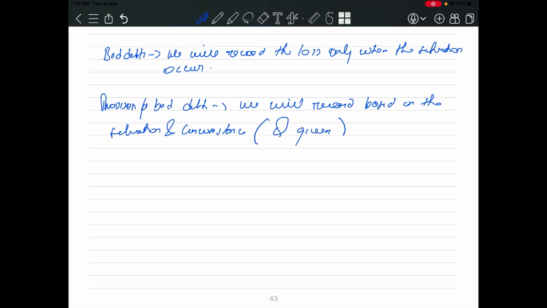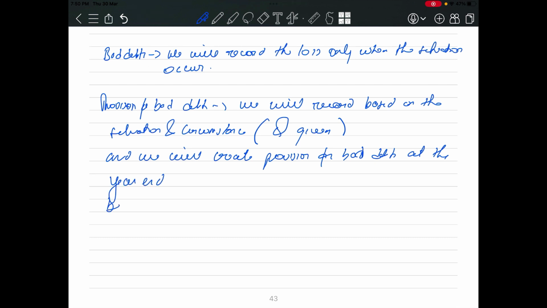And we will create provision for bad debts at the year end, because current year debtors may prove to be bad in the next accounting year.